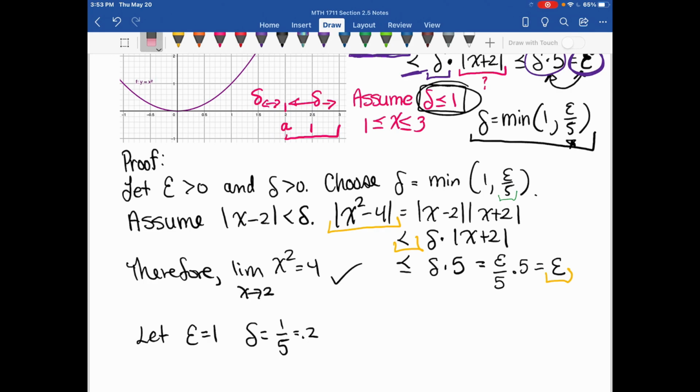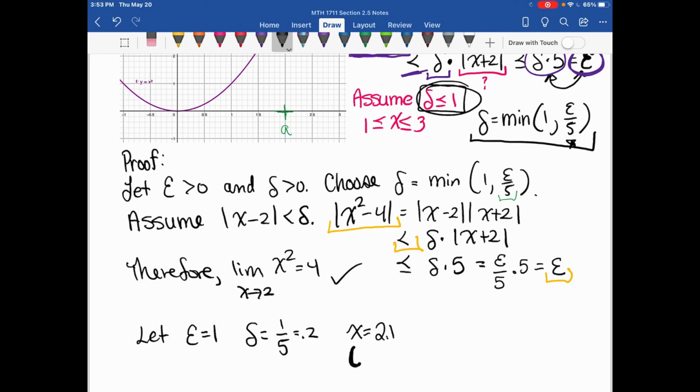So if we look here, let me erase this now. Here's our value of a. We want to pick something within 0.2 of 2. So let's choose x to be, say, 2.1. That's within 0.2 of 2.